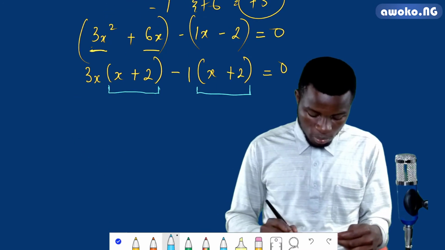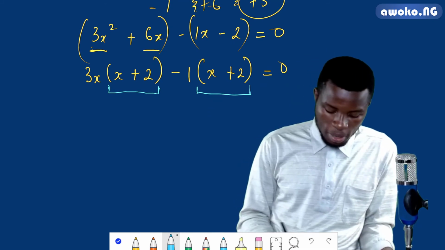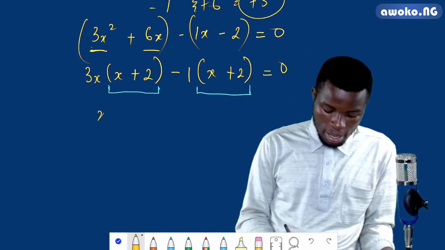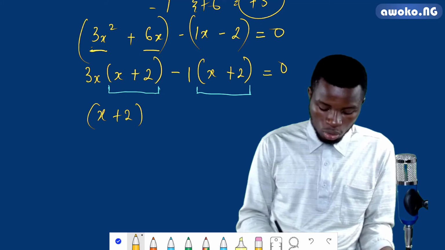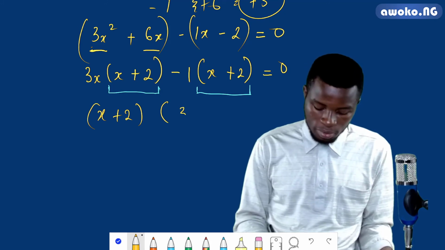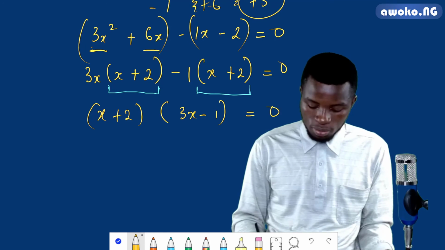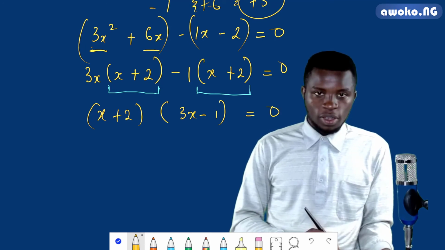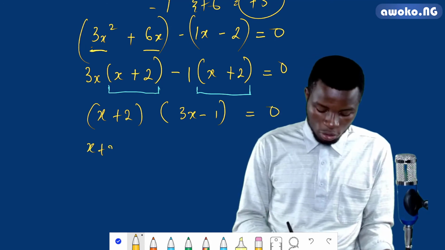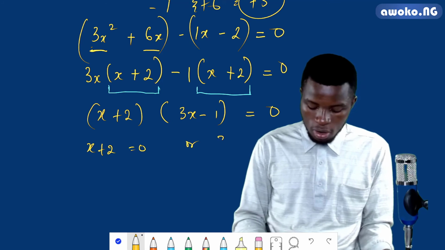So we can continue by saying x plus 2 in one bracket, then 3x minus 1 in another bracket equal to 0. And this gives x plus 2 equals 0, or 3x minus 1 equals 0.